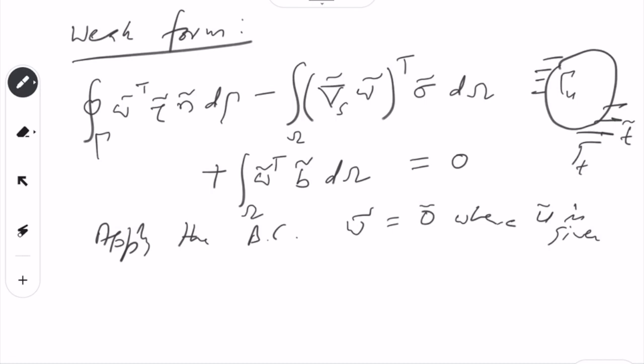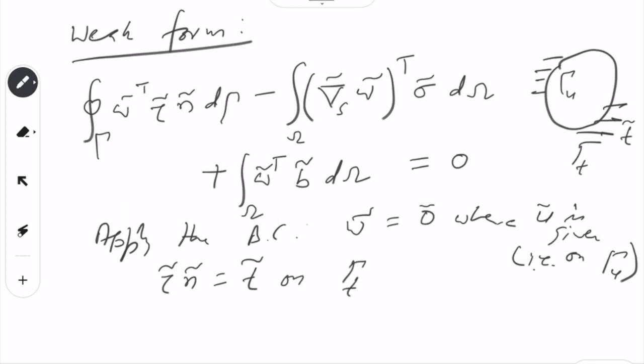So how do we write that? We have to apply this. On gamma u, W equal to 0, and tau n equal to t tilde, which is given on gamma t.